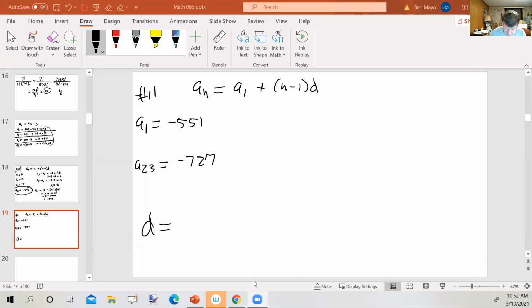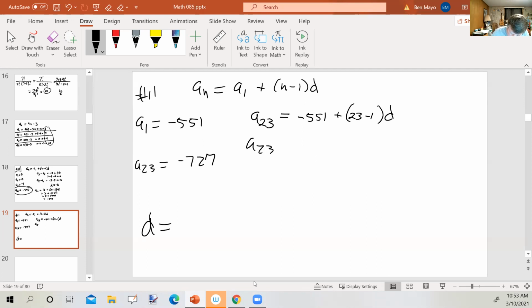Let's see here. Well, we know that a sub 1 is negative 551, right? And let's see, we know a sub 23 is negative 727. So a sub 23 would equal a sub 1, which is negative 551, plus n, which is 23, minus 1 times d.